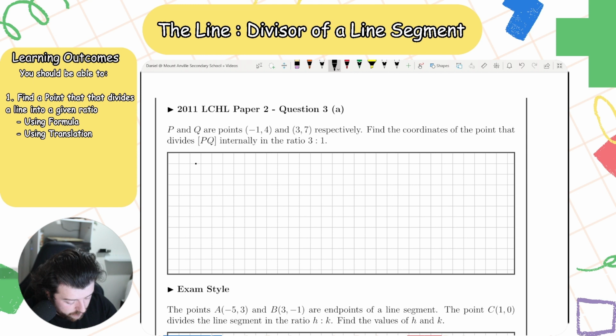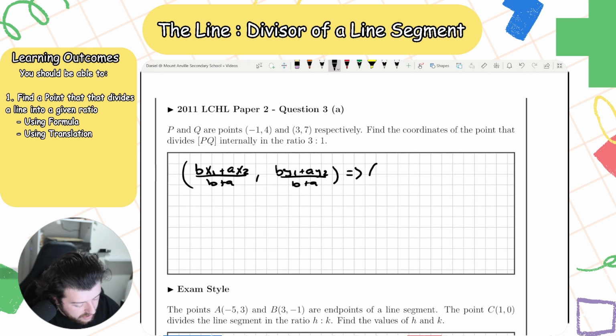So again, use my formula: (B x1 + A x2) all over (B + A), and (B y1 + A y2) all over (B + A). So that's A, that's B, x1, y1, x2, y2.